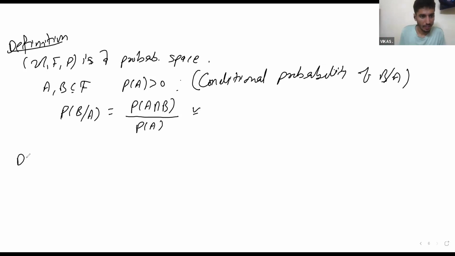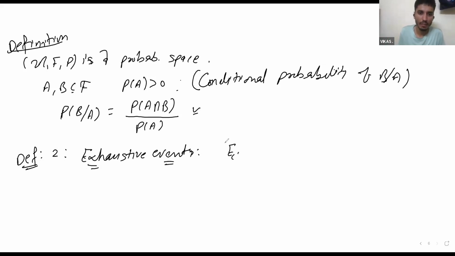And now the second definition is coming. That is exhaustive events. It means that if you have a sequence, or you can say subsets, E_i belongs to F, where i belongs to any index.